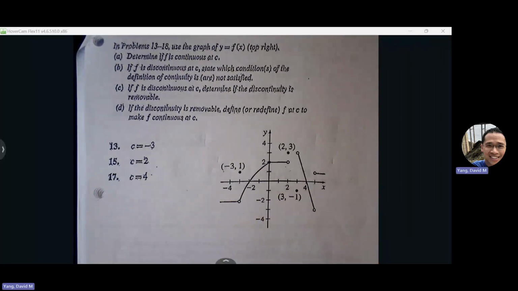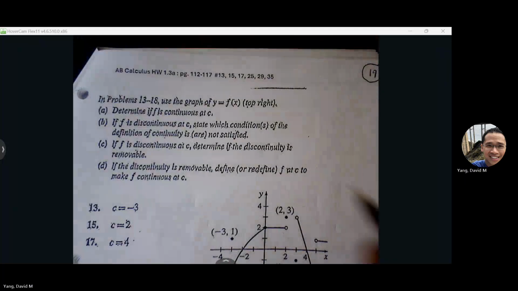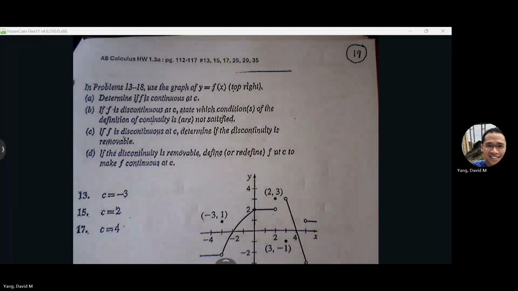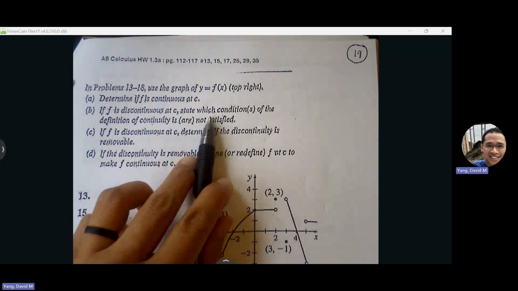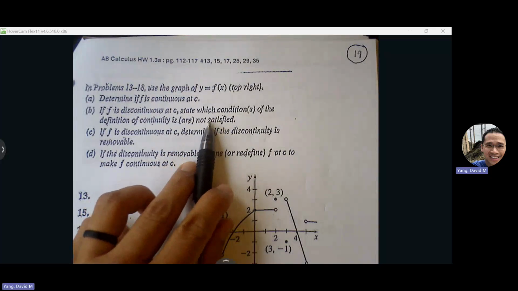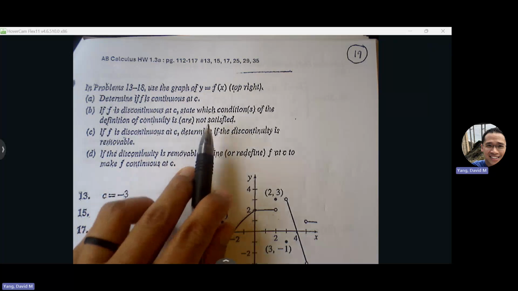So page 19. Determine if the function is continuous at C, and if not continuous, state which condition of the definition of continuity is not satisfied.